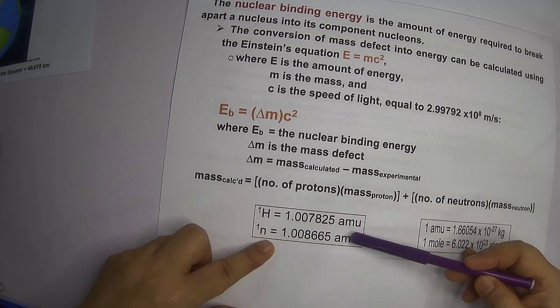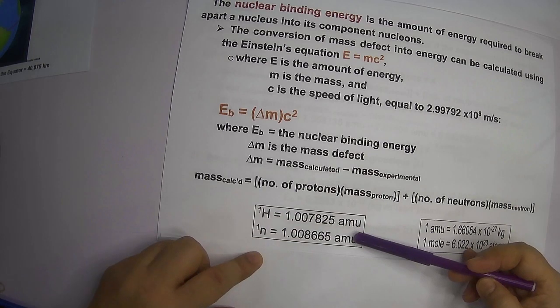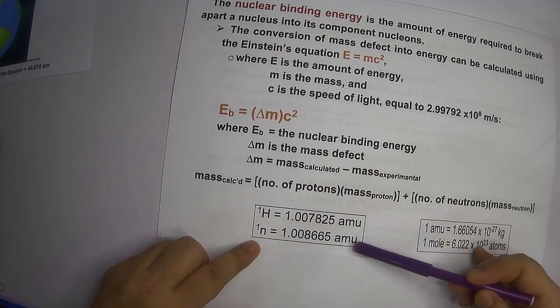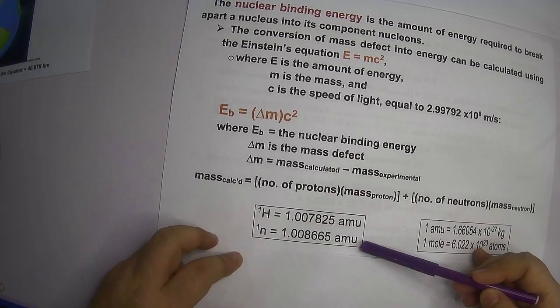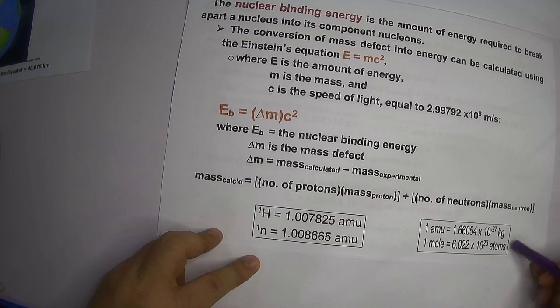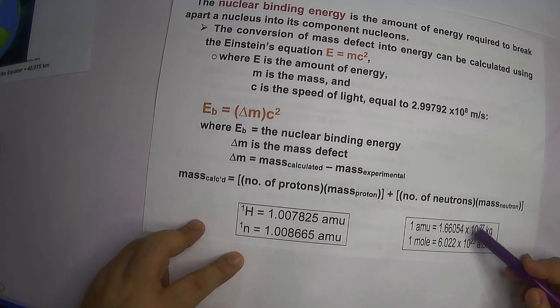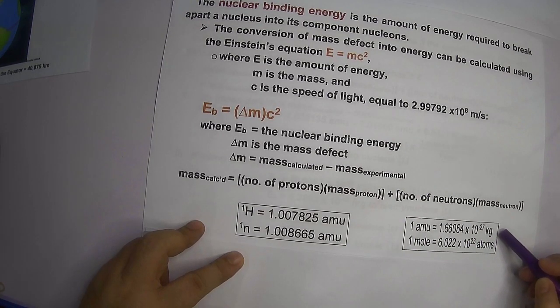The mass is 1.007825 atomic mass units, and a neutron has a mass of 1.008665 atomic mass units. And 1 atomic mass unit is a very useful conversion later. 1 atomic mass unit is equal to 1.66054 times 10 to the negative 27 kilograms.